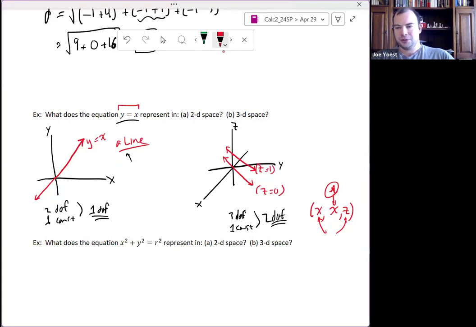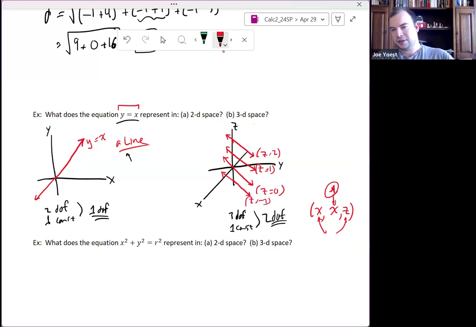Or when z equals 2, another copy, just another unit higher. Or when z equals -1, another copy, just one unit below the original one.